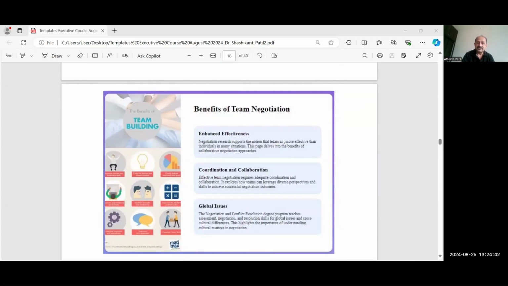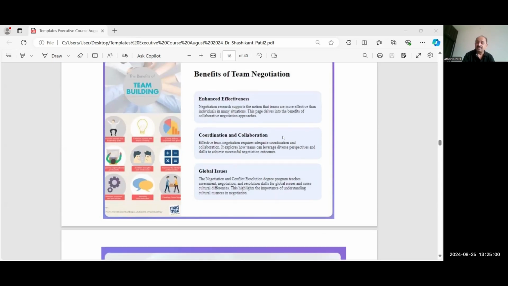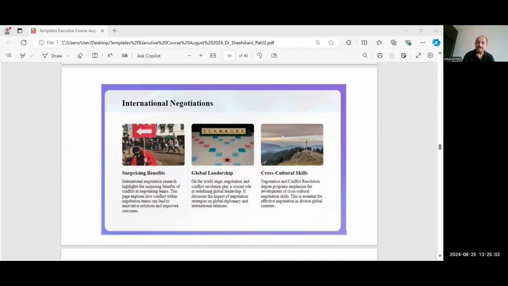It enhances effectiveness. It improves coordination and collaboration. It explores how a team can leverage diverse perspectives and skills to achieve successful negotiation outcomes. It also addresses global issues. So these are some of the benefits of team negotiation or team spirit.